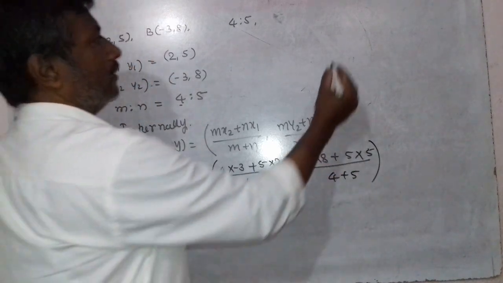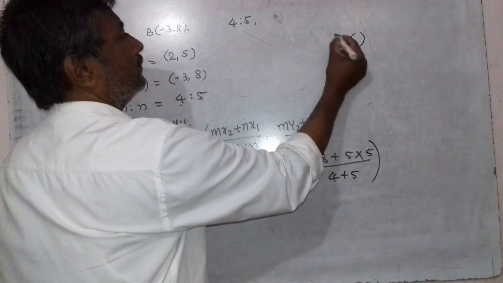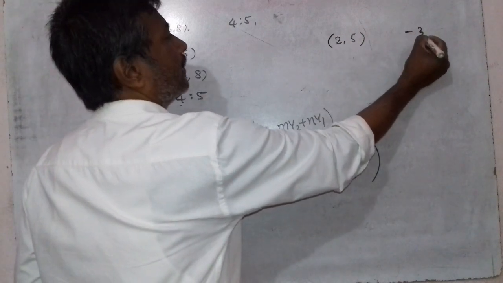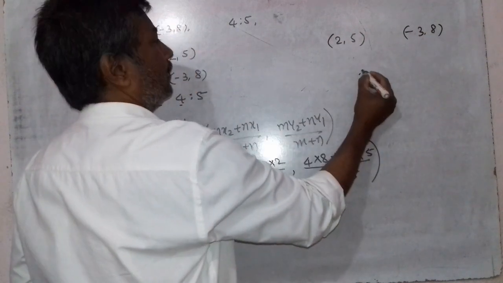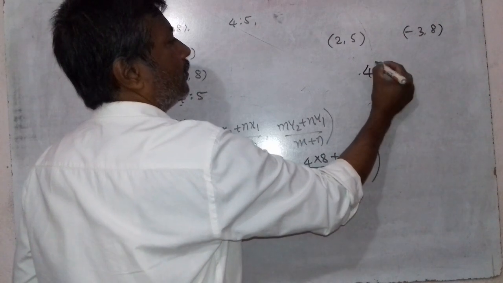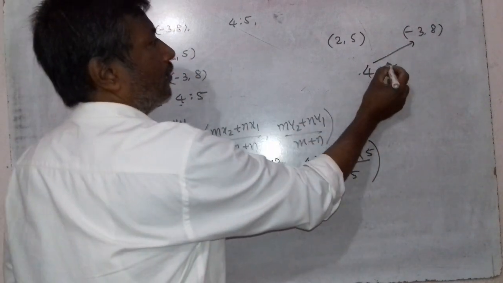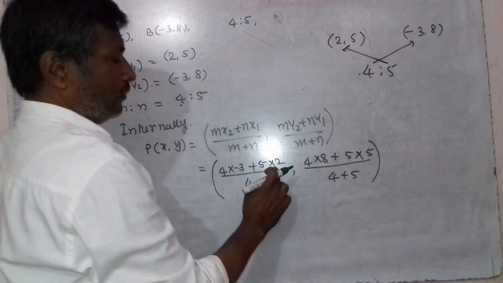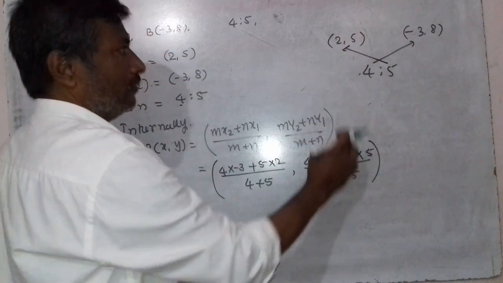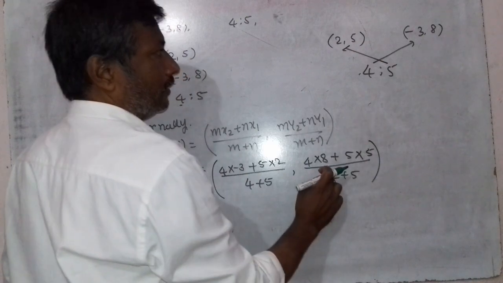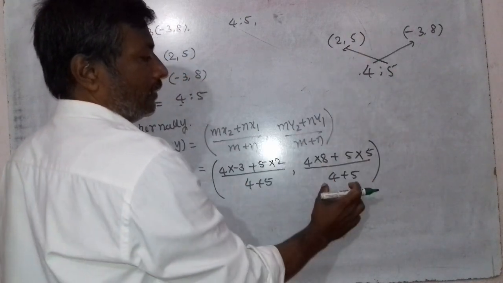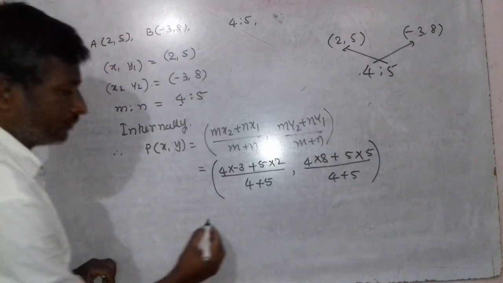So observe here 2 comma 5, minus 3 comma 8, 4:5: 4 into minus 3, 5 into 2, 4 plus 5, 4 into 8, 5 into 5 divided by 4 plus 5.